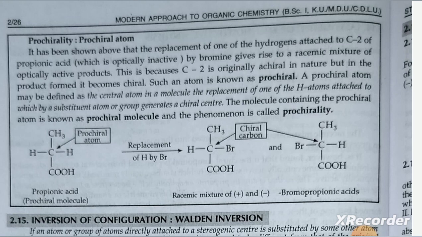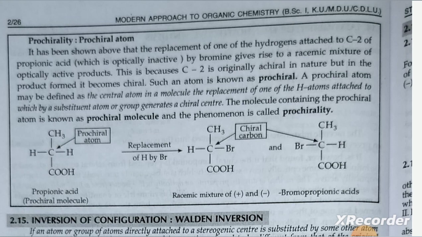Prochirality, prochiral atom. It has been shown above that the replacement of one of the hydrogens attached to C2 of propanoic acid, which is optically inactive, by bromine gives rise to a racemic mixture of optically active product. This is because C2 is originally achiral in nature, but in the product formed it becomes chiral. Such an atom is known as prochiral.